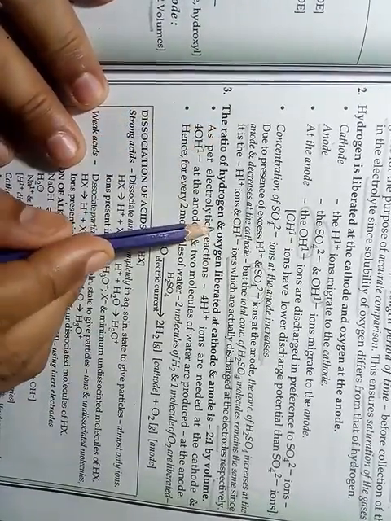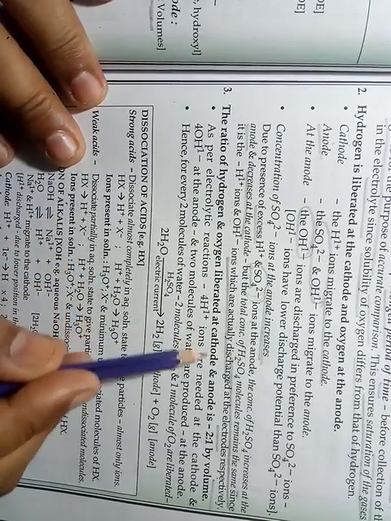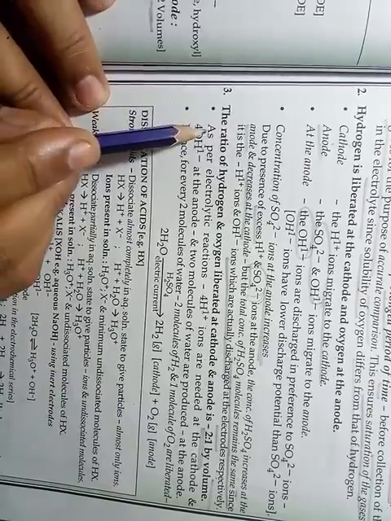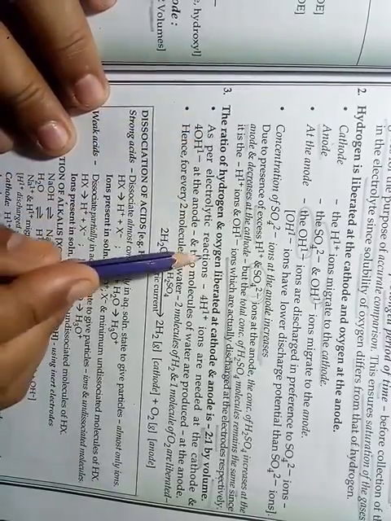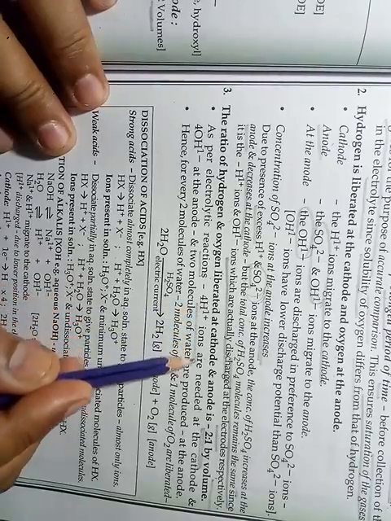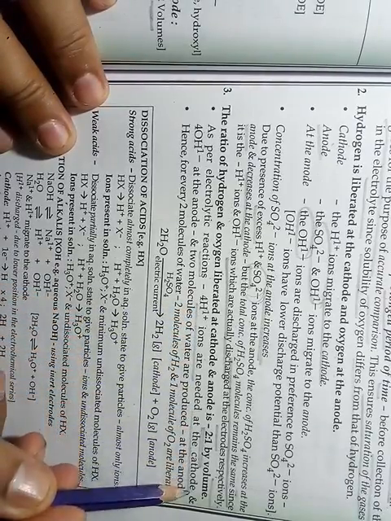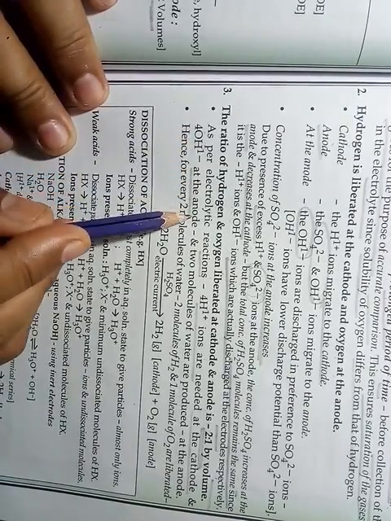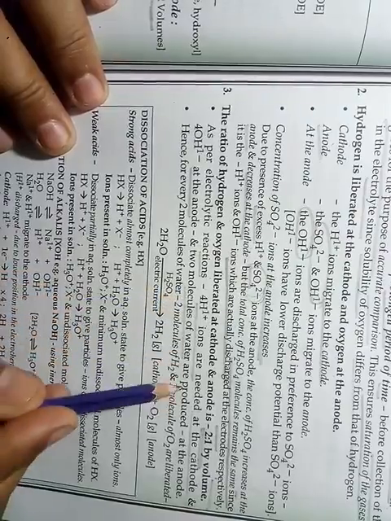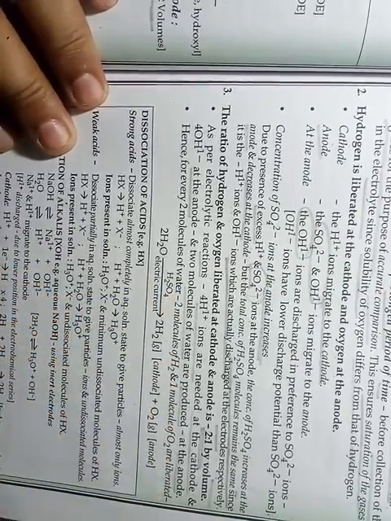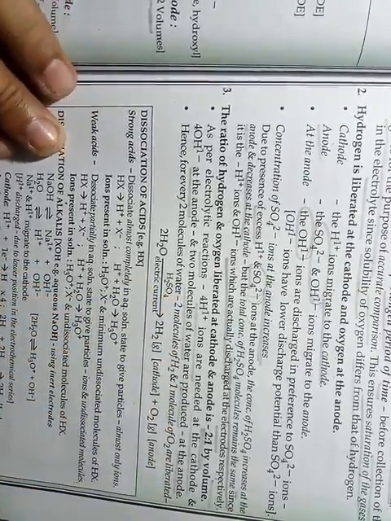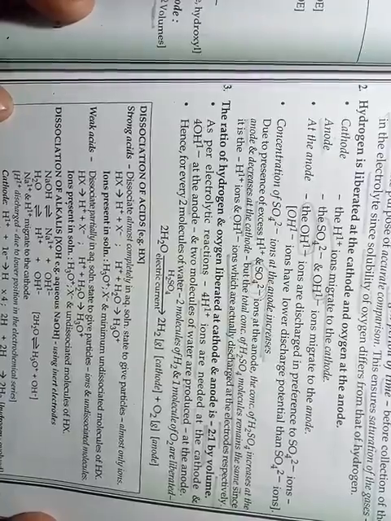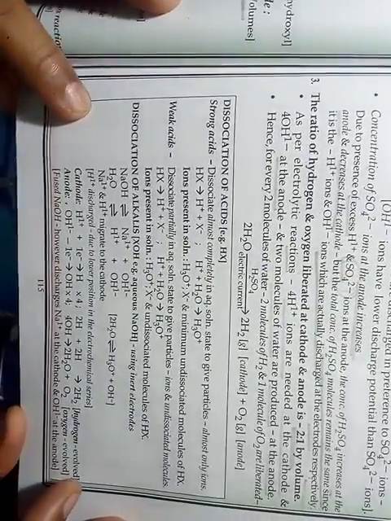The ratio of hydrogen and oxygen liberated at the cathode and anode is 2:1. As per the electrolytic reaction, 4 H plus ions are needed at the cathode, 4 OH minus at the anode, and 2 molecules of water are produced at the anode. So this is the overall change under electrolysis of acidulated water.